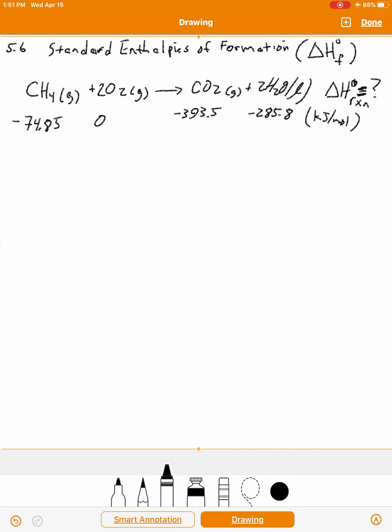And those are the standard enthalpies of formation, or standard heats of formation. We often say heats instead of enthalpy because, oh my goodness, it's a long word, enthalpy. So why not just say heat? Because remember, at constant pressure, the heat of a reaction is equal to delta H. So the enthalpy change is equal to heat under constant pressure. So let's go ahead and use that.